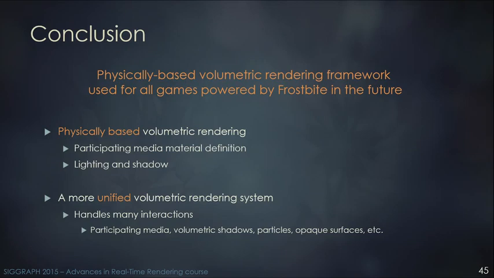And we also tried, and that's very important, to reduce the complexity and go with a more unified volumetric system. So once we have evaluated the scattering, it's applied on everything. The volumetric shadows are also applied on everything and can be cast by everything, except transparent surfaces like glass for now.